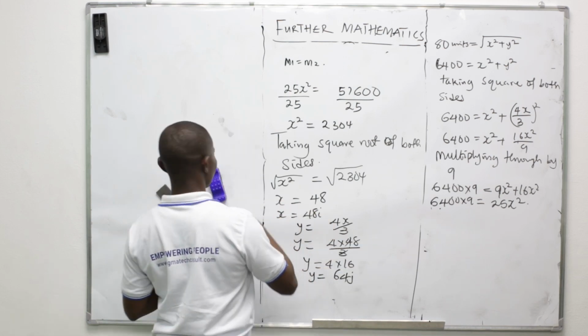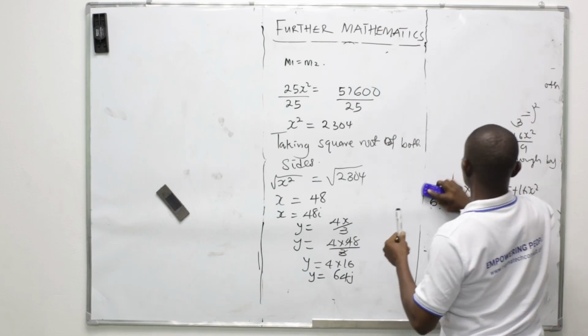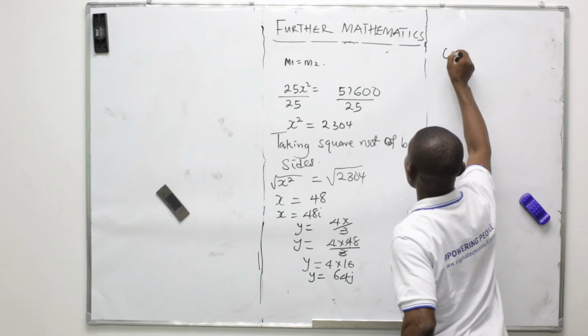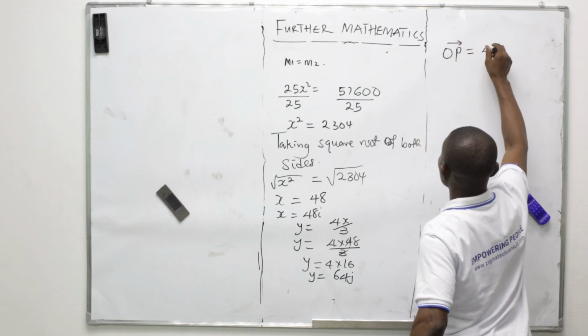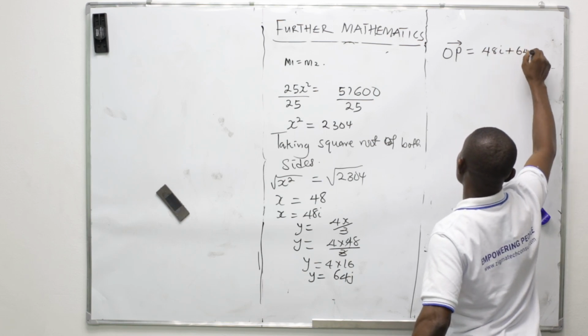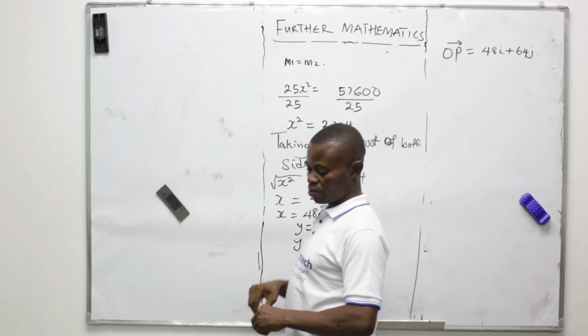For OP representation, we have that in the form of i and j, vector OP equals what? 48i plus 64j. Good.